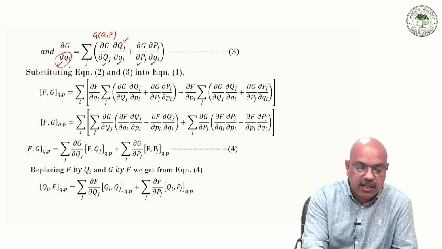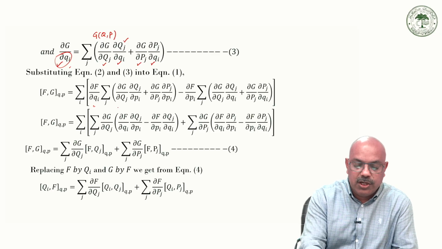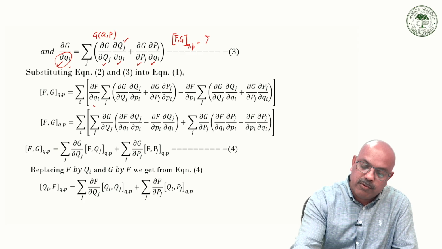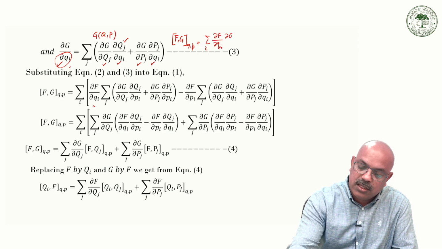So you have delta f upon delta p_i, and the whole expression of delta g upon delta q_i is written here. The Poisson bracket of f and g in q, p is nothing but the sum over i of delta f upon delta q_i times delta g upon delta p_i, minus delta f upon delta p_i times delta g upon delta q_i.